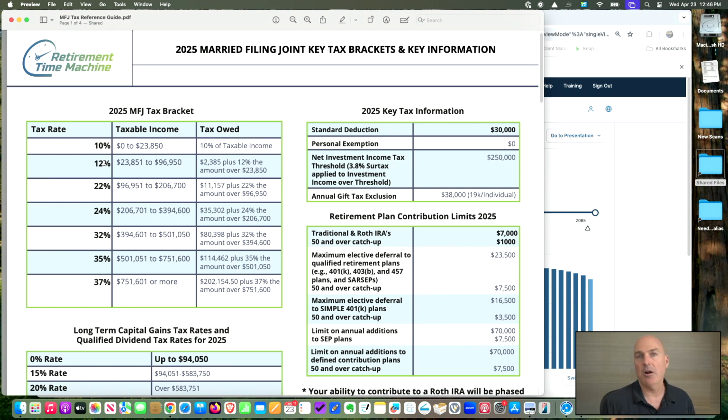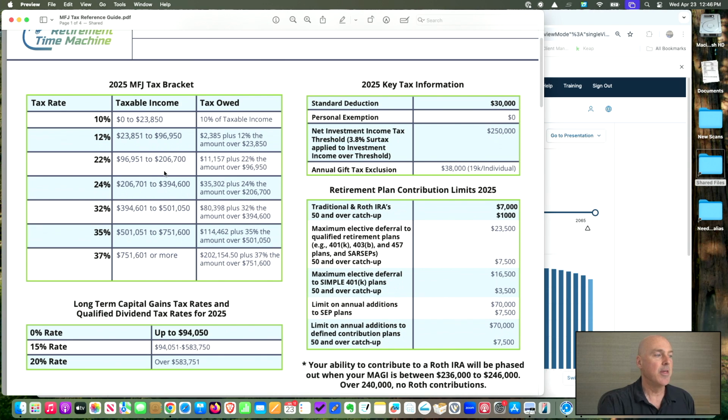Let's say that you're targeting $200,000 of income in retirement. Based on the 2025 tax table, that's going to put you kind of at the upper end of that 22% tax bracket. So if you made another dollar, it's going to be taxed at 22%. If you go over $206,700, then you're going to be in the 24% tax bracket, but only by the amount that exceeds that.